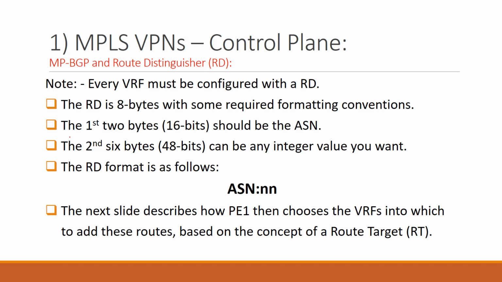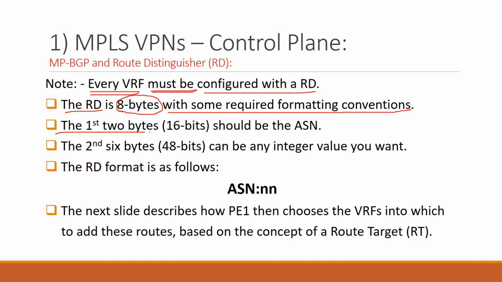So what is the route distinguisher? We are talking about the format, the number of bits, etc. As we mentioned, every VRF must be configured with a route distinguisher. Why? To distinguish between duplicate IP prefixes. The length of the RD field is 8 bytes, 64 bits, with some required formatting conventions.